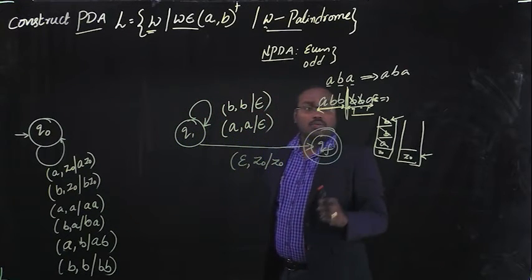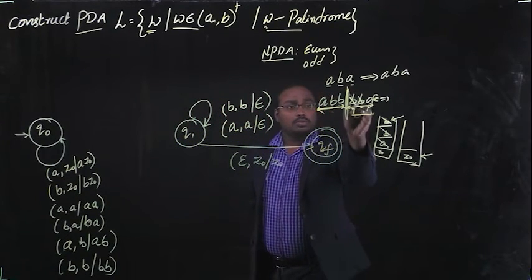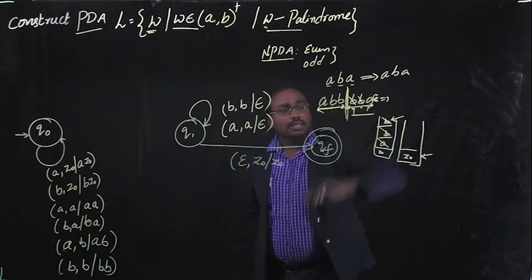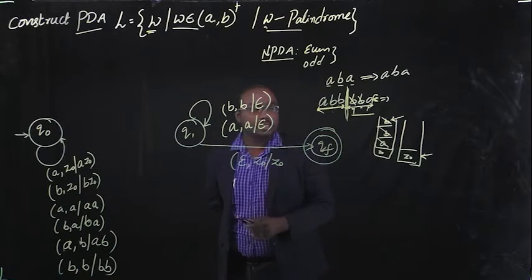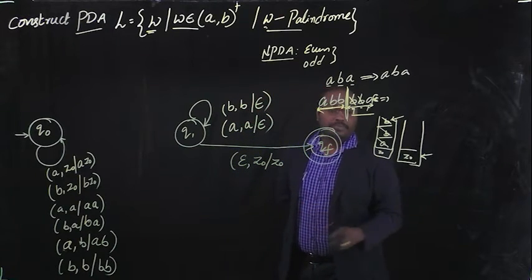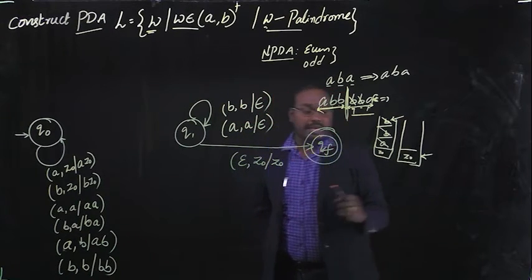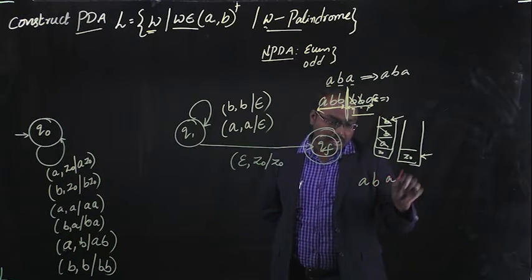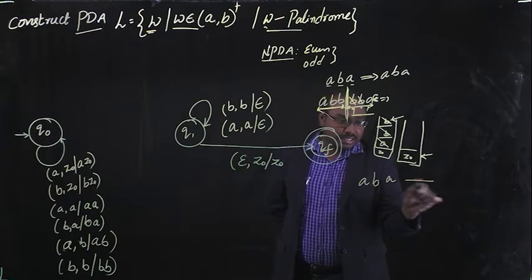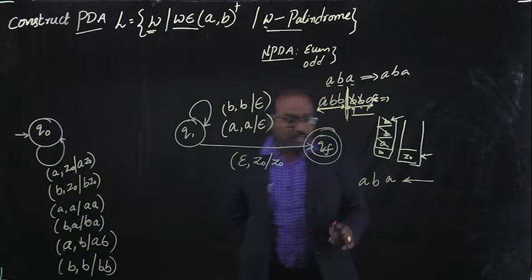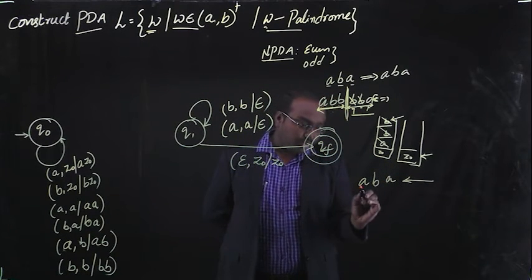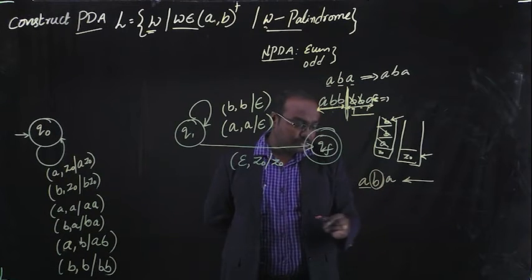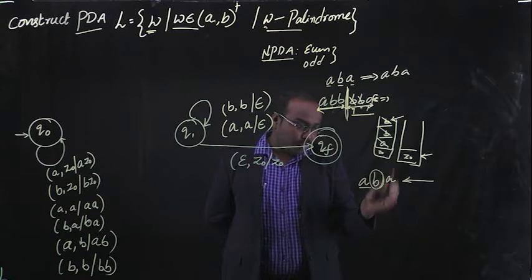Now we have to see how to construct the PDA whenever we are reaching the middle element. So in this palindrome example, the string may be like ABA. I'm taking this example. For this type of palindrome string, if the input symbol is A and the middle element is B, then we have to pop the element.